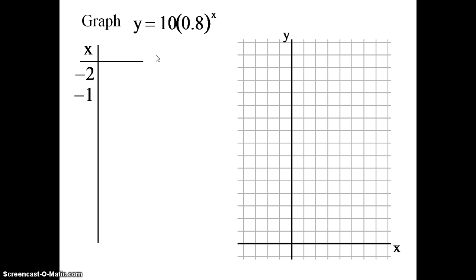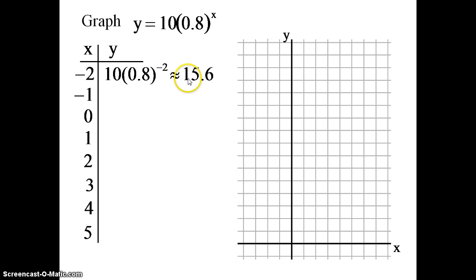I give you the inputs -2, -1, 0, 1, 2, 3, 4, and 5. And if we put in a -2 and we calculate this out, we get approximately 15.6. So that means I'm going to go over 2 to the left and up 15.6 and put a point.